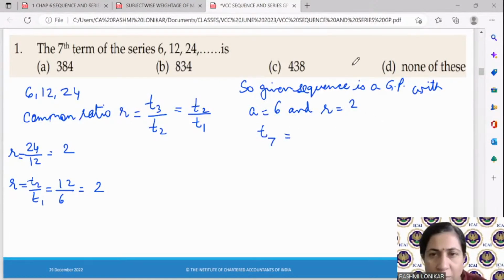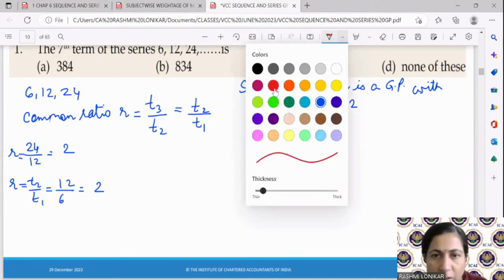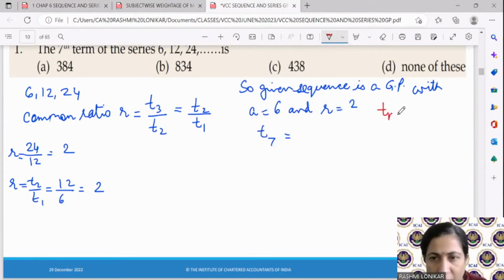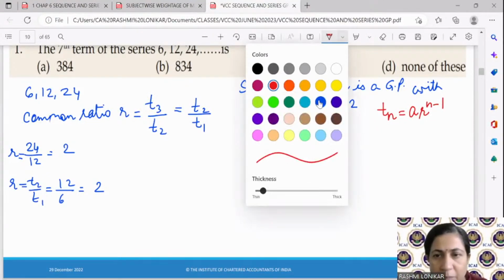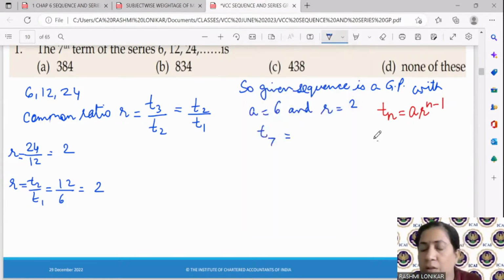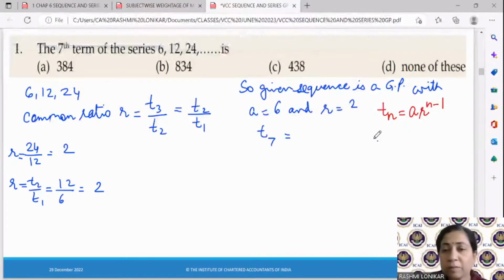So what is the formula for the nth term? It is A R raised to n minus 1, right? For a GP, A R raised to n minus 1.